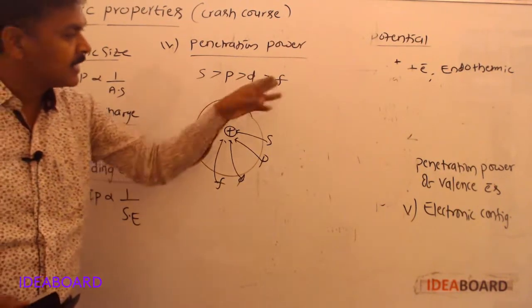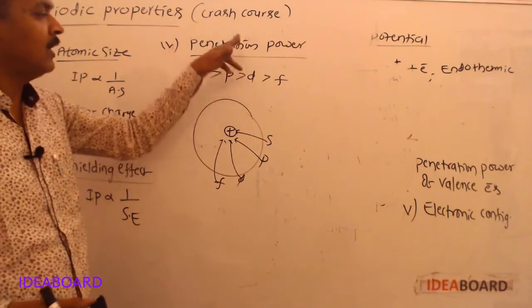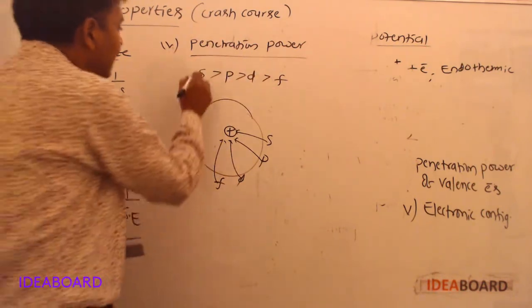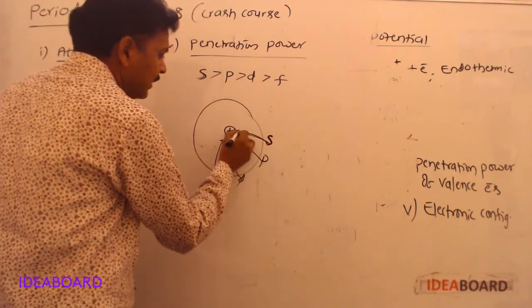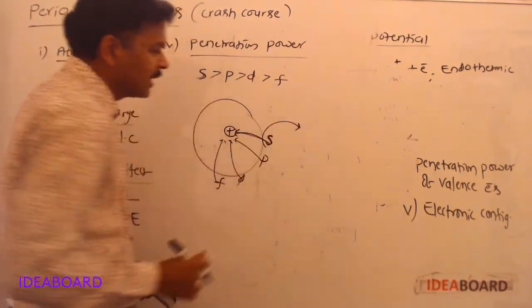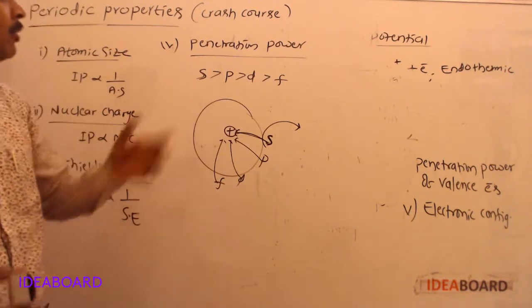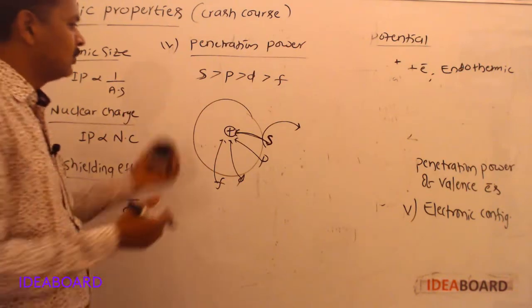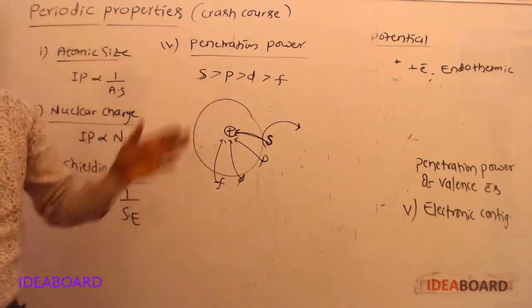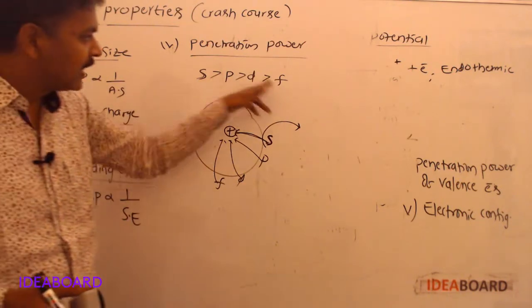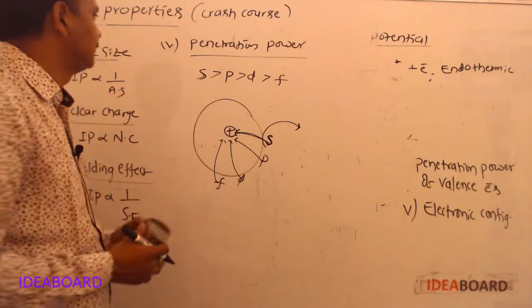Penetrating power more means more energy will be required to remove the electron, then IP will be more. So here IP also follows the same order.